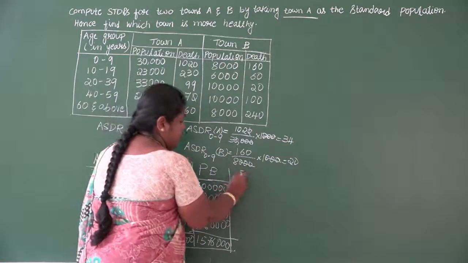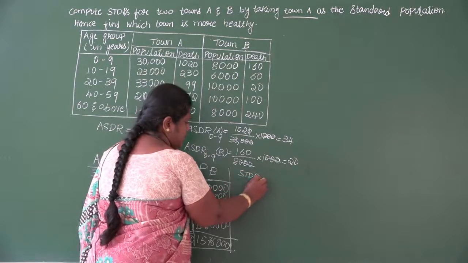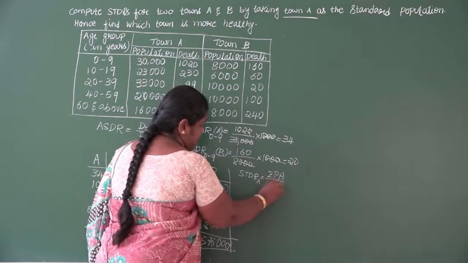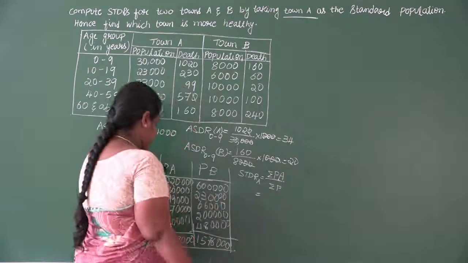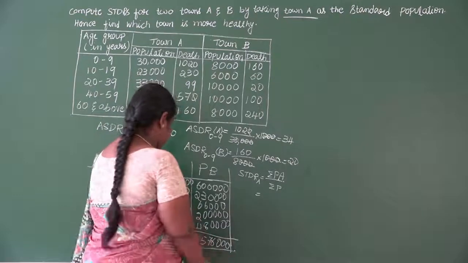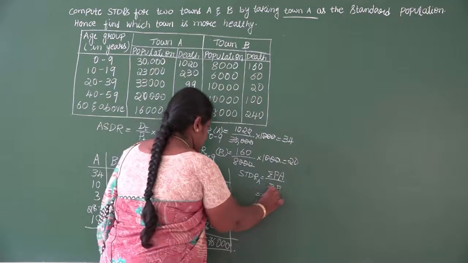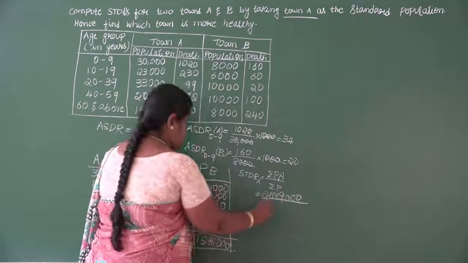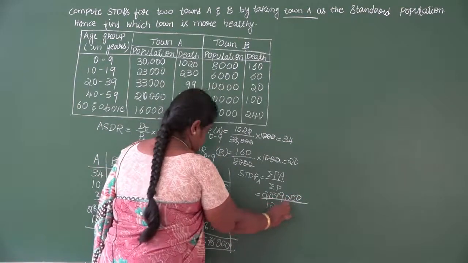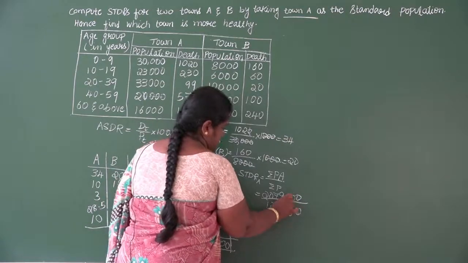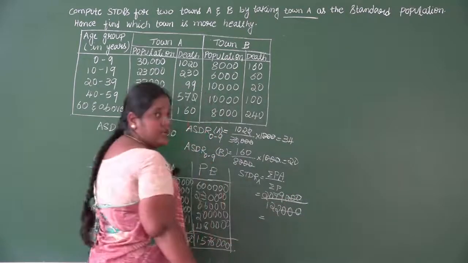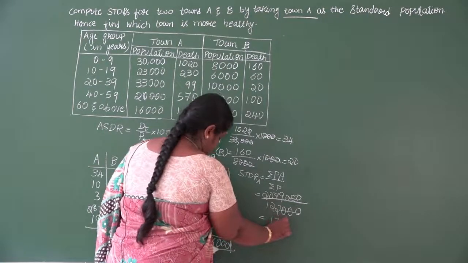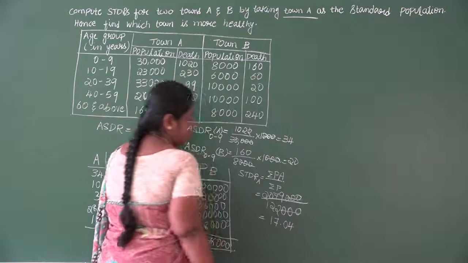Now use the formula of STDR. STDR of A is sigma PA divided by sigma P. Sigma PA is 2079 and 3 zeros divided by 1,22,000. You can cancel the zero terms, so you get 2079 divided by 122, which is 17.04.